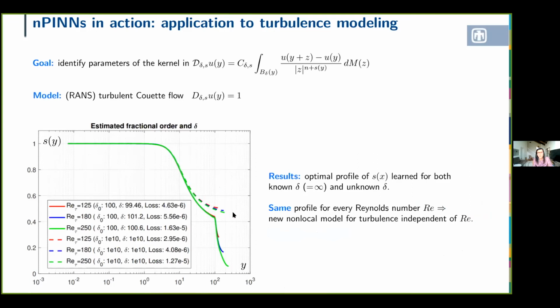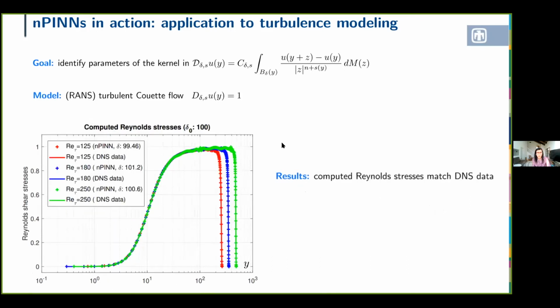So you can see this as a variable order Caputo derivative. And the solid lines are for truncated operators, so for a finite delta. But what's very interesting to observe is that the profile is pretty much the same for all these Reynolds numbers.